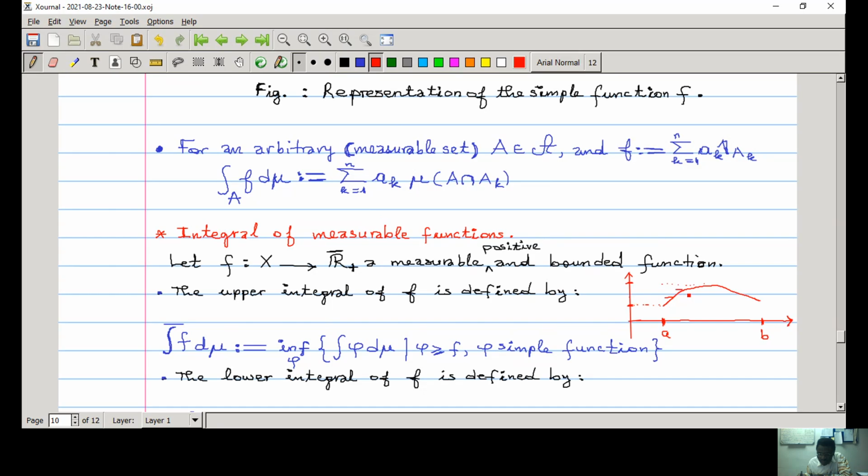Another one, I can take this one, and the other one I can take that. So for instance, I can decide to approximate this with a simple function that takes only 3 values, right? Now, if that is the case, I will take these 3 values: this value, and finally that other value somewhere here.